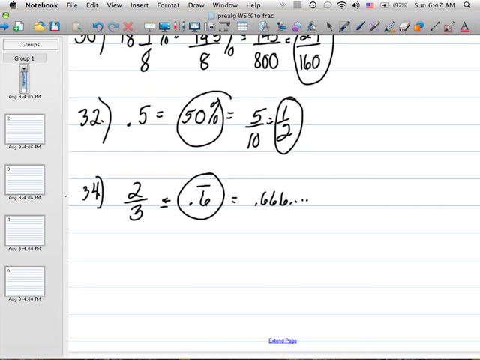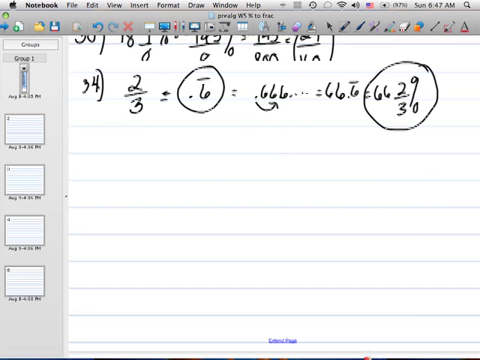Remember, this is a repeating decimal. So that'd be 66 and a string of 6s afterwards, which is 66 2/3%. Don't leave a repeating decimal as your percent. Be sure to change it to a fraction.